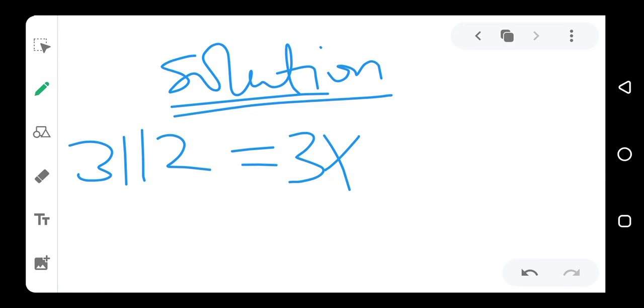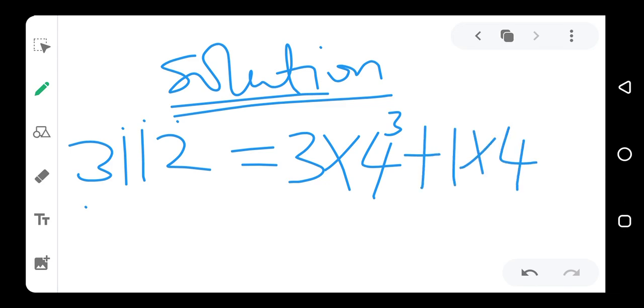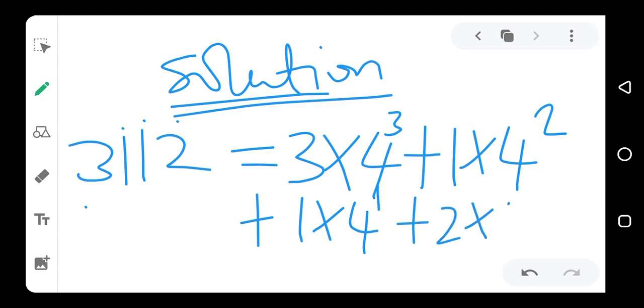So we start with 3, then 3 times the base, which is 4, raised to the power of the number of figures in front of the 3, 1, 2: 3. 4 raised to power 3, plus 1 times 4 raised to power 2, plus 1 times 4 raised to power 1, plus 2 times 4 raised to power 0.